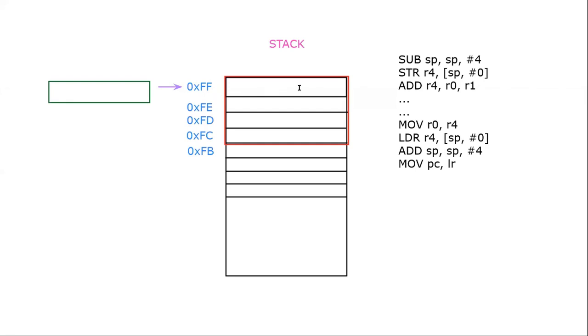Each rectangle here is capable of storing only 1 byte. So since we need to store 4 bytes, when we say we want to preserve one register, we need to create space to store 4 bytes in the memory.